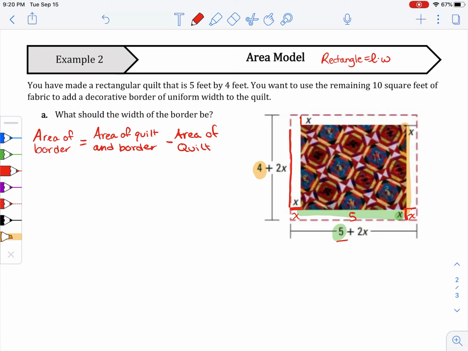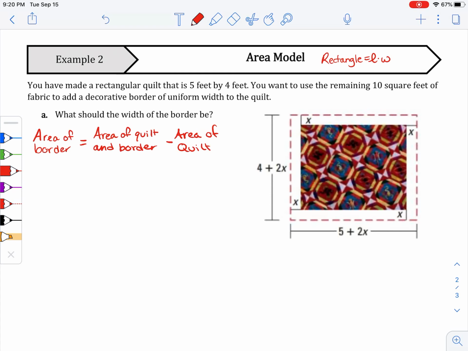So that's just saying if you have this total, so if I were to color this in here, if you have this total area here with the border and the quilt, and you know what the area of the inside is, you could just subtract the area of inside from that total to get just that blue outside area.